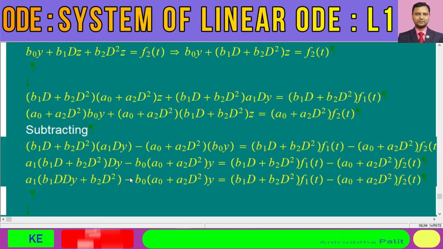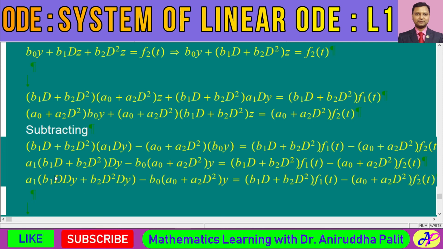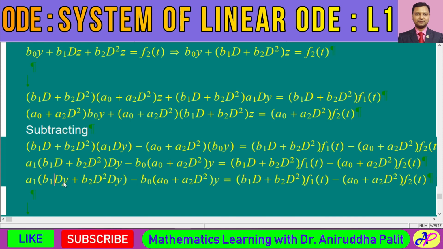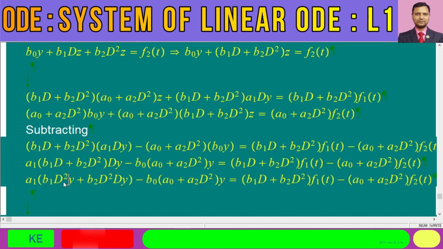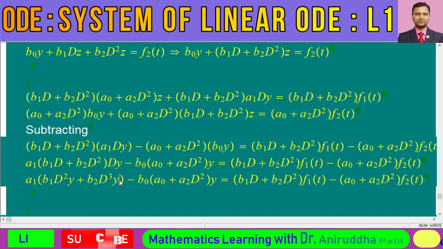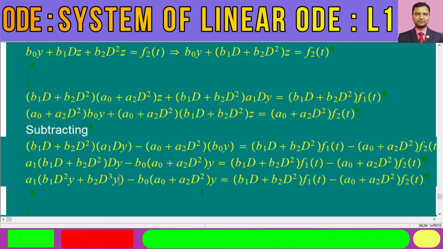Similarly, D squared is operated on Dy. So this D operator operated on Dy gives us D square y. And over here D square into D is actually D cube y. So the third derivative of y appears.